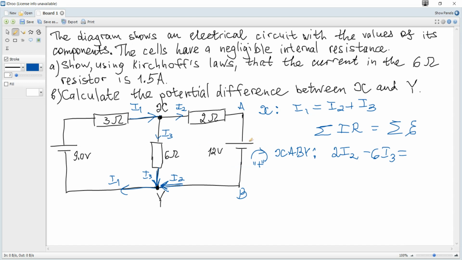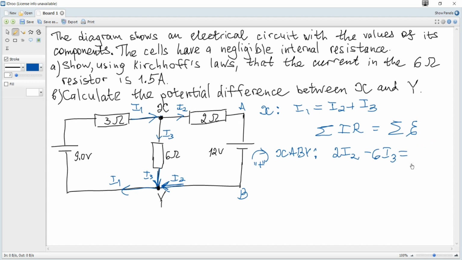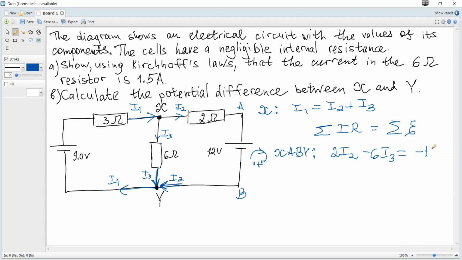Here is the positive terminal, here is the negative terminal, and current provided by this cell is in this direction, which is opposite to the direction chosen as positive. Clockwise direction is positive, but current provided by this cell is anti-clockwise, so we should write negative 12. And there are no more cells.